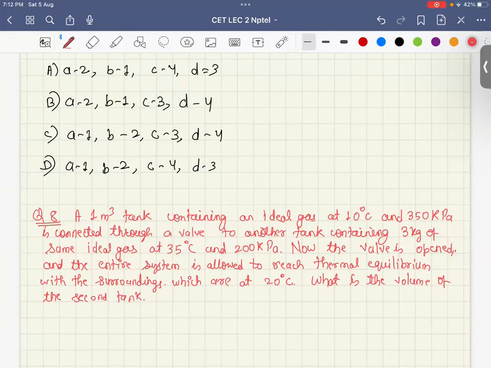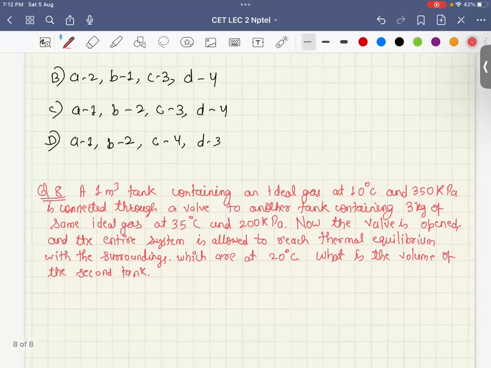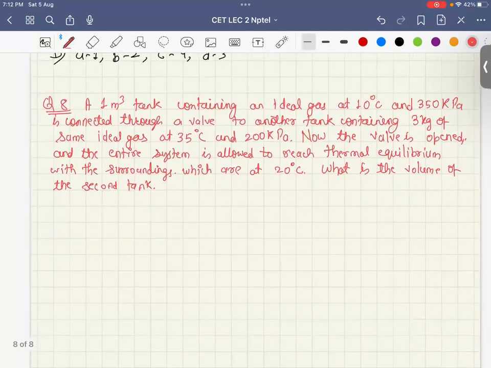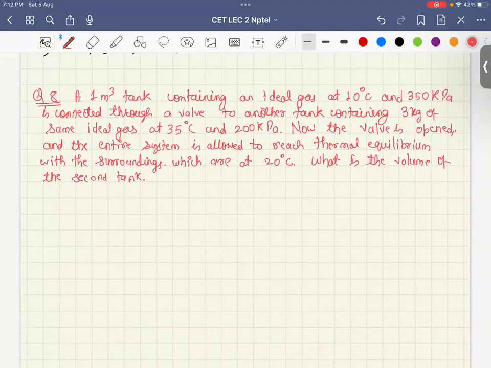Before I give you options, please try to solve the question. The options: option A is 1.65 meter cube.